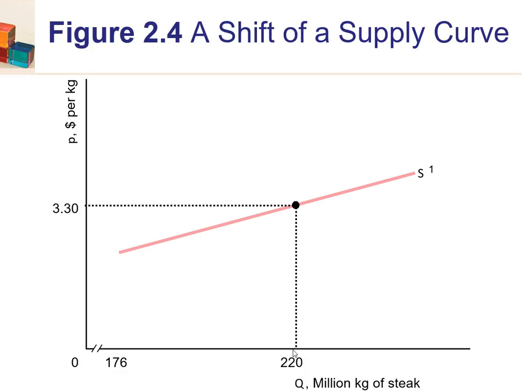Now, the most difficult concept for students to grasp when drawing these new supply curves is how to draw the new one. If it's a factor that has raised the cost of producing the item, this will cause our supply curve to move left or up. And why is that?